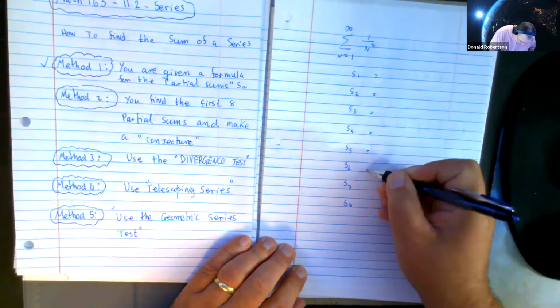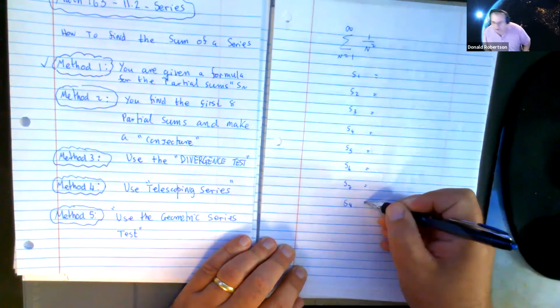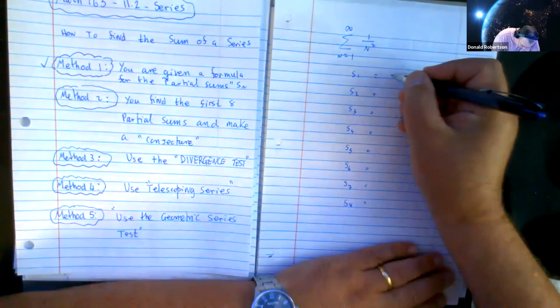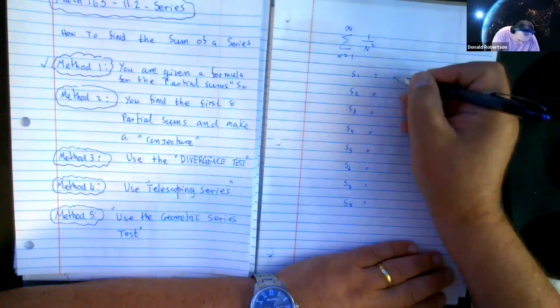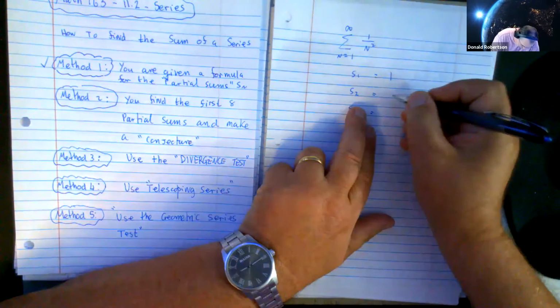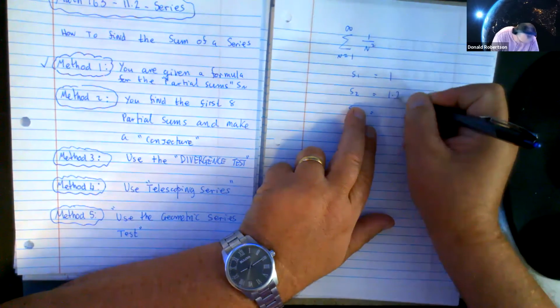And there's a lovely little video that shows you that you can let your TI-84 do this for you. And the first one is 1 squared, which is 1. The second is 1 plus a quarter. So I'm going to call that 1.25.